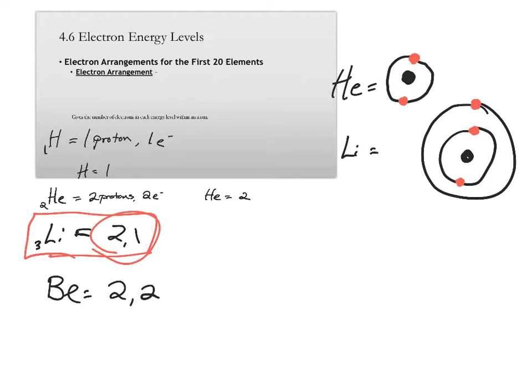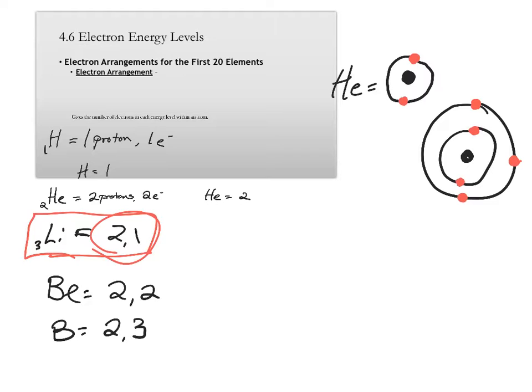The next element is beryllium, which would have 2 in the first and 2 in the second. So if I was to draw that over here, let me erase lithium and just write in beryllium. You would put a second electron right there. Then we have boron, which again has 2 electrons in the first and 3 electrons in the second energy level, just like that.